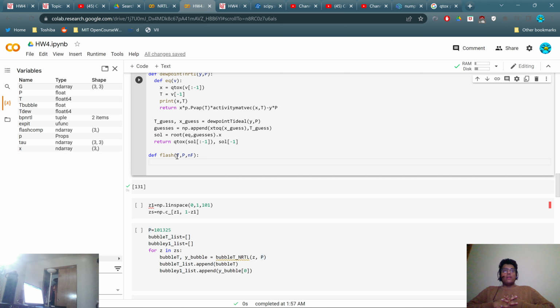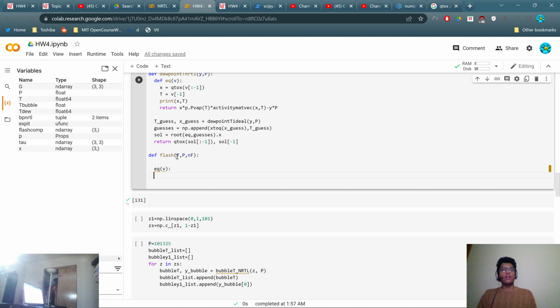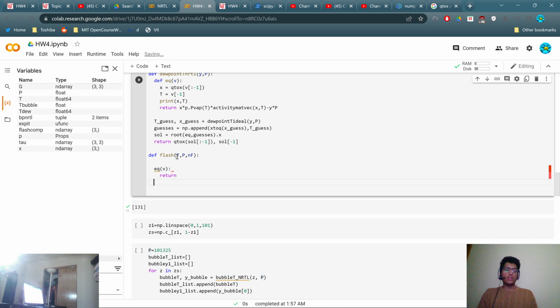How do I want to go about this? The easiest way is to make a function. I'm going to make an equation function of v, and have it return something.